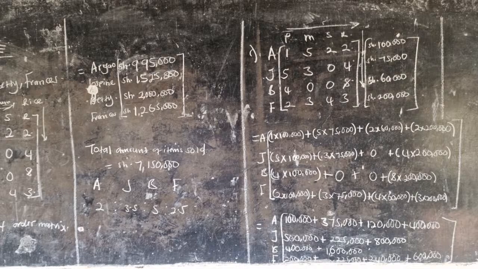So now that we already have the total amount, and then we have the ratios in which they shared their items, it is now very easy to use these ratios to come up with the amount for each of them. So what you need to do first is now to get the total ratio first.